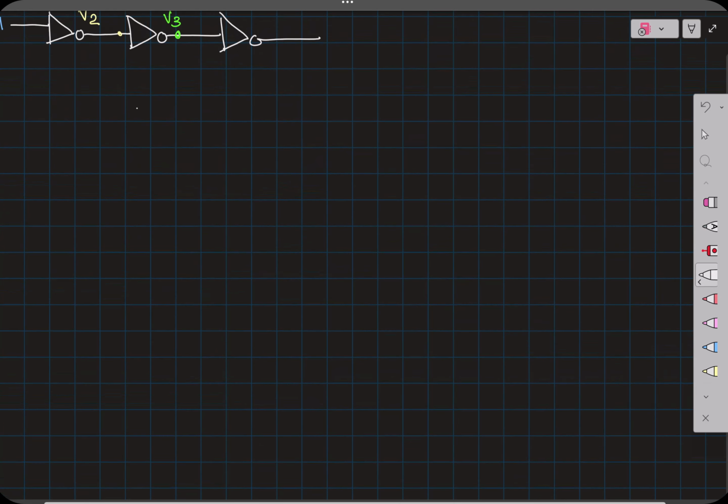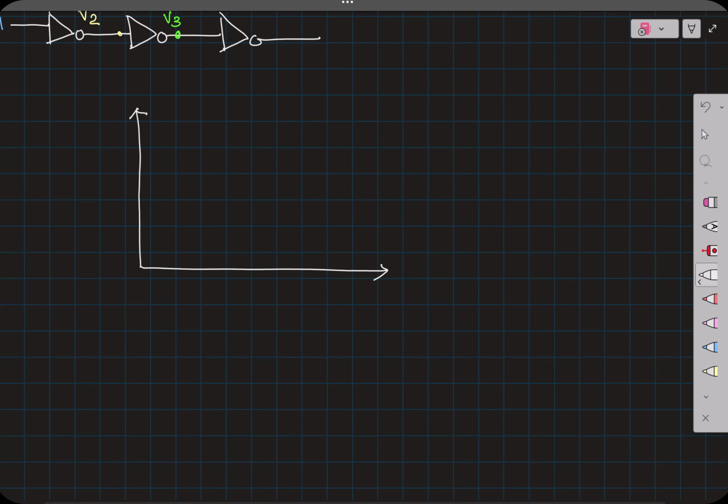Right? So we now understand that we want our VIH and VIL to be as close as possible. So in the extreme case, how would you like your ideal VTC to look like? It could look like this. Okay?